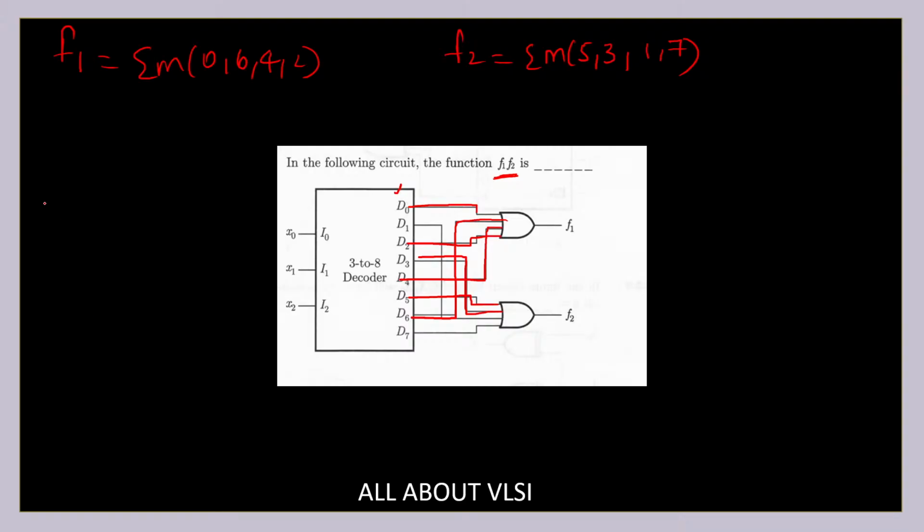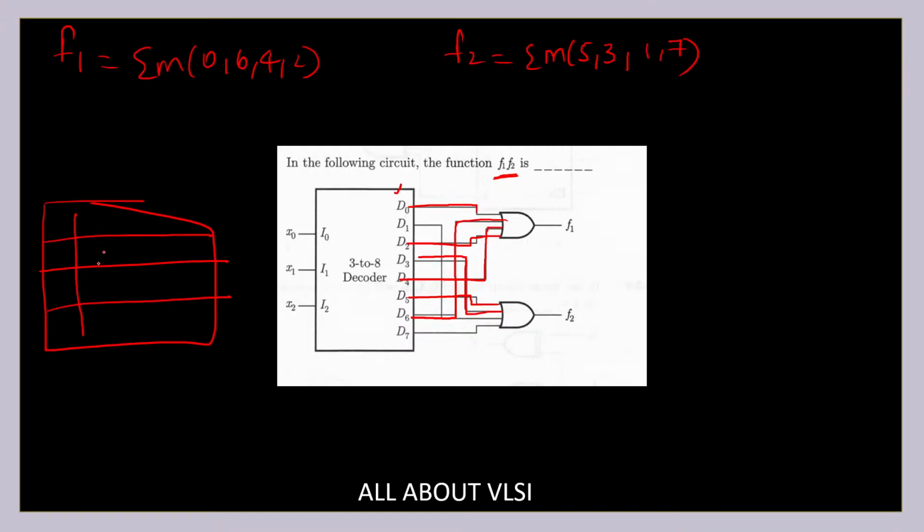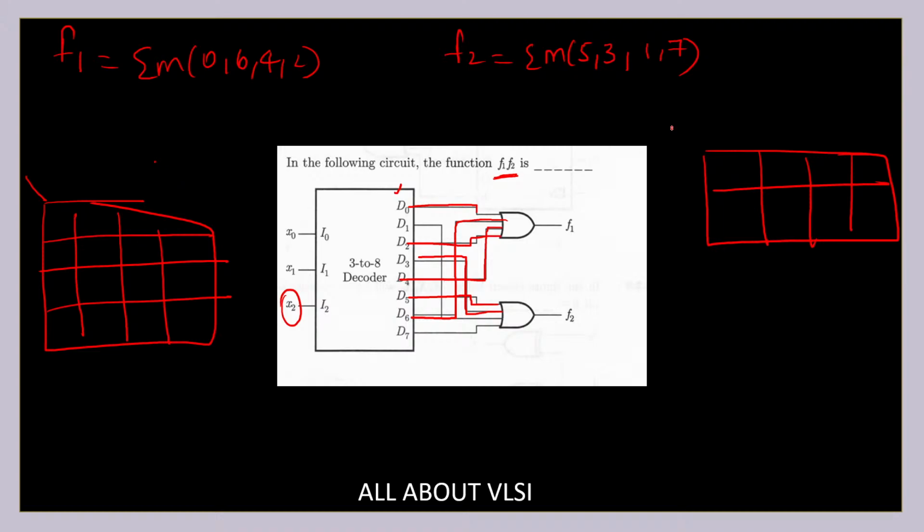Okay, so let me draw the K-map quickly. Let us use the K-map for solving. x2 is your MSB, so please be careful, and it's a 3 variable K-map, so 8 cells: x2, x1 and x0. This is x1 complement x0 complement, x1 bar x0, x1 x0 and x1 x0 complement, and this is x2 complement and this is x2, 0 1 3 2 4 5 7 6.